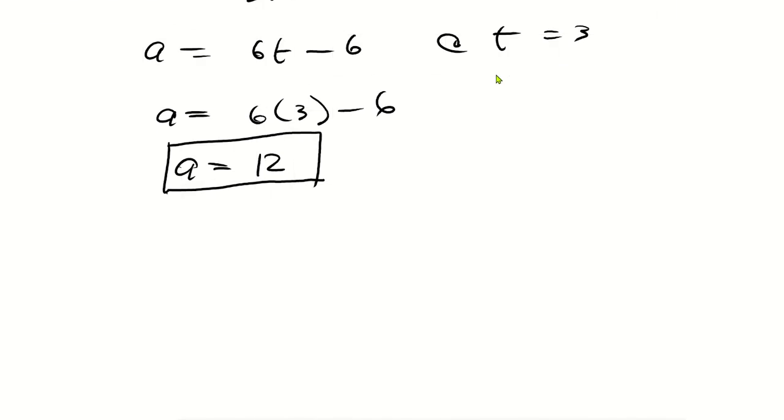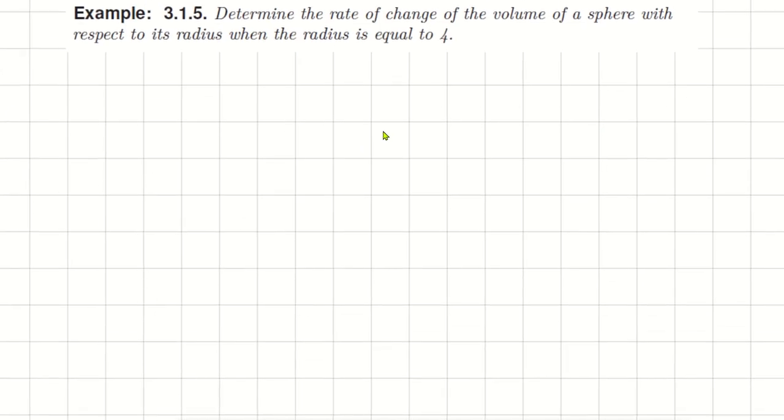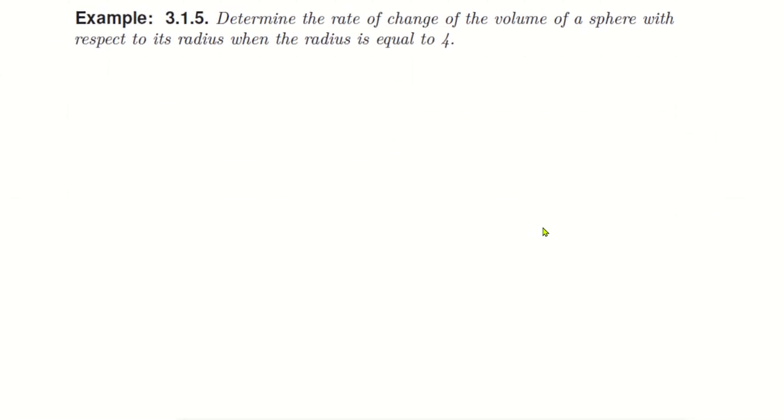Okay, and for the last example, Example 3.15. Determine the rate of change of the volume of a sphere with respect to its radius when the radius is equal to 4. So the volume of the sphere is changing while the radius is changing. So what's the volume of the sphere?